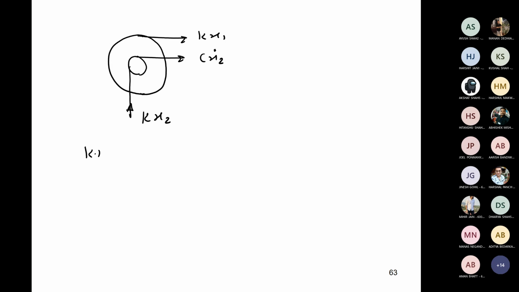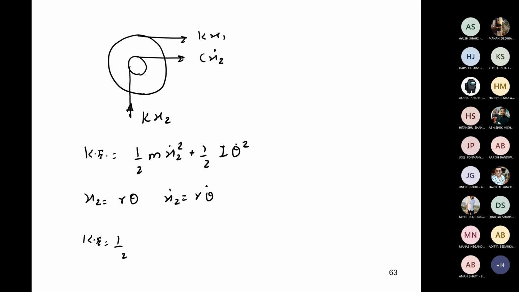Kinetic energy is half m x2 dot square plus half I theta dot square. Since x2 is equal to r theta, x2 dot is r theta dot. So kinetic energy becomes half m r square theta dot square plus half I theta dot square.